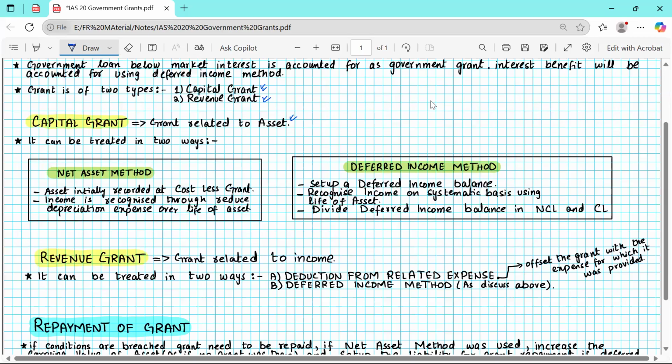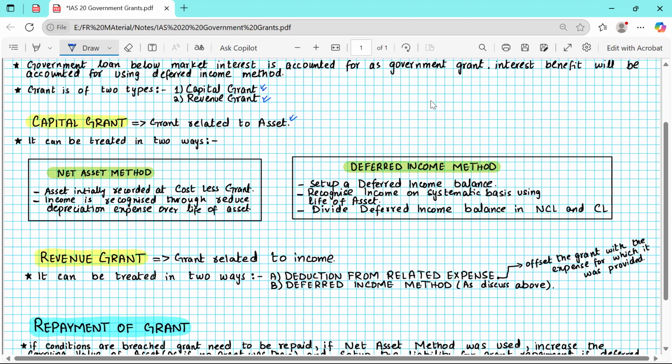Let's say the government is saying that we want to create an eco-friendly environment where CO2 emission is less and pollution is less. We want to control that. So they are asking the company that if you purchase non-current assets that are eco-friendly, we are going to help you with that. This type of grant will be known as a capital grant.